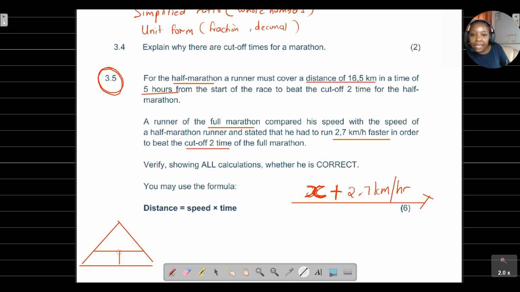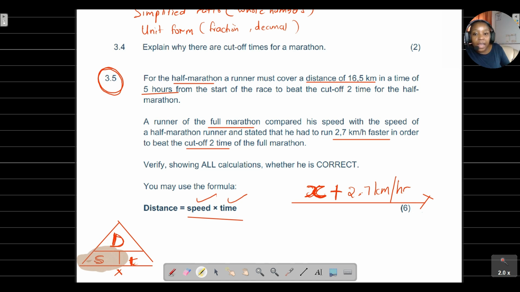Remember, they're telling us it's speed multiplied by time. So what does that mean? It's going to be speed at the bottom multiplied by time. We've already dealt with these two, which means that distance is supposed to be at the top. So we can use this triangle to help us calculate the speed.